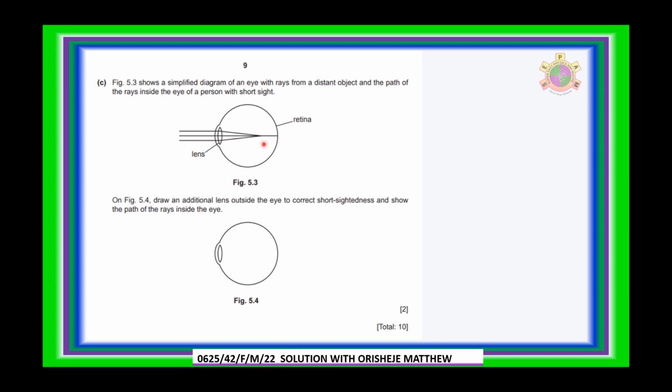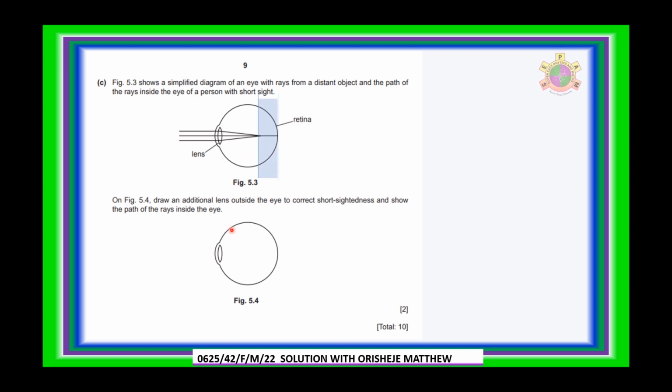So to correct this, a short-sighted person wears concave lenses to correct the eye defect called myopia. So let's see. The image from a distant object is formed before the retina.